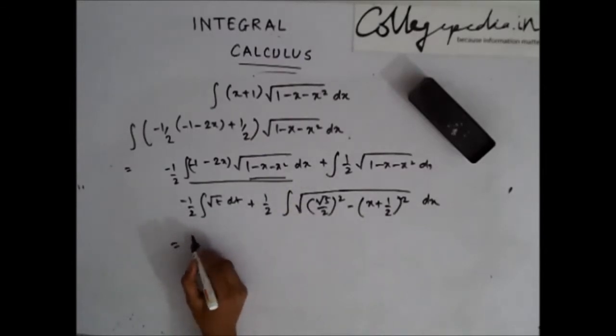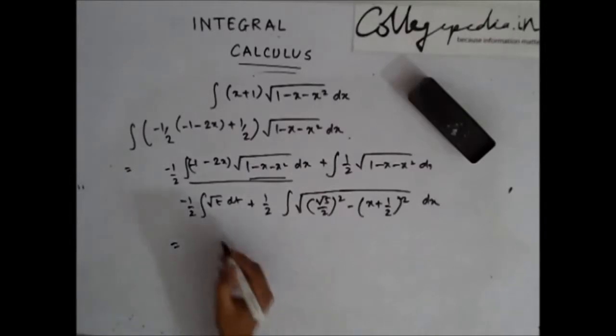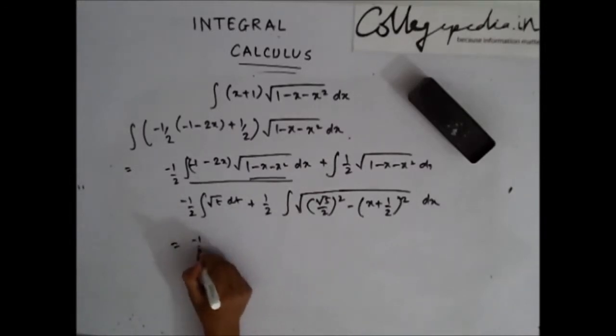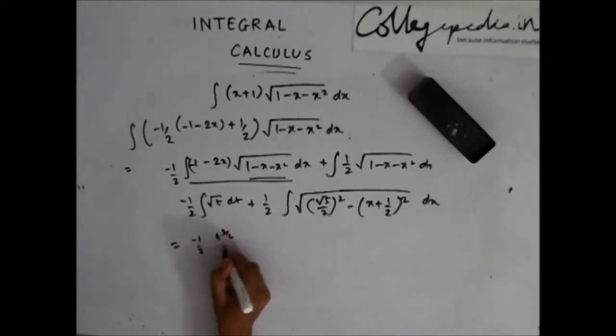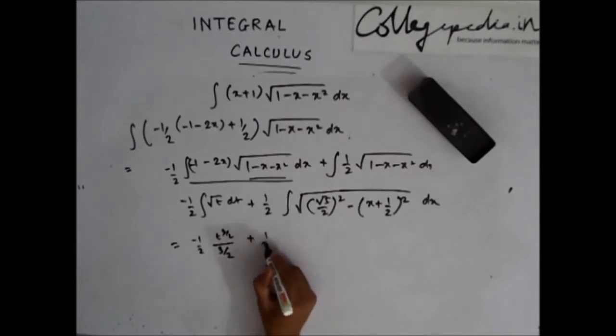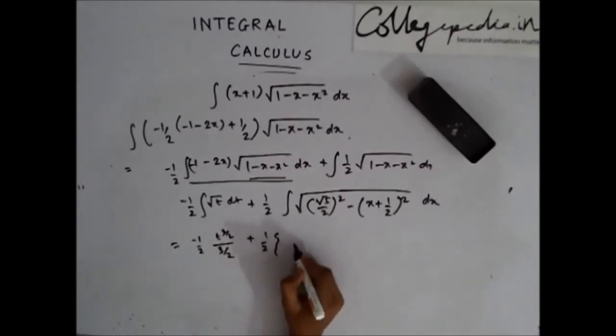This becomes half into t to the power 3 by 2 divided by 3 by 2. Okay, and this becomes half of half.